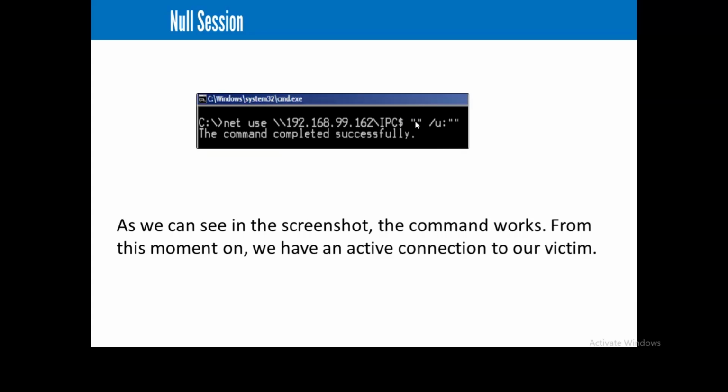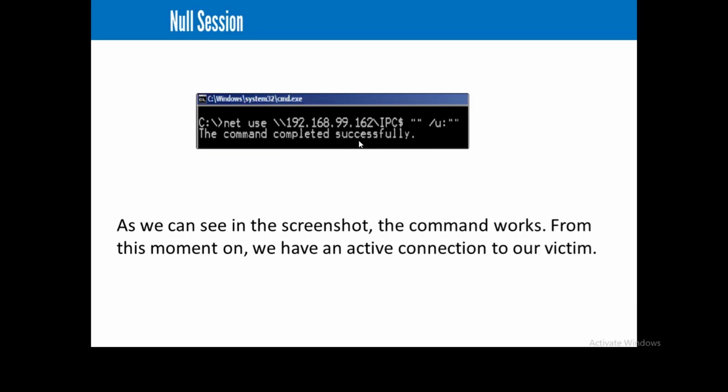So you just enter null username and null password. You should be able to successfully run this command. So if you are successful, your screenshot should be similar to what is displayed on the screen. So if not, can you troubleshoot and see where we've gone wrong?